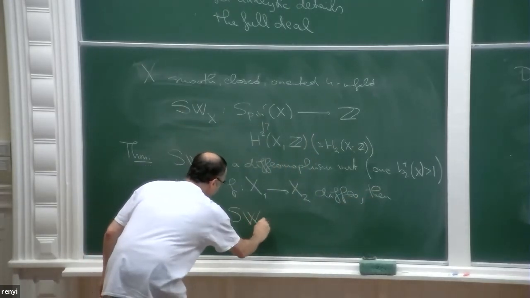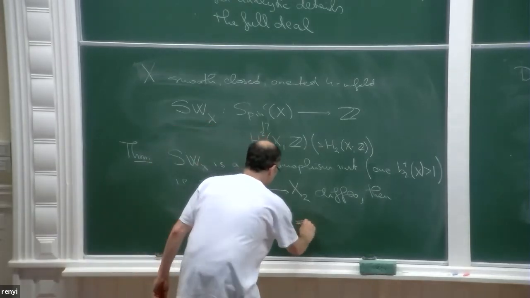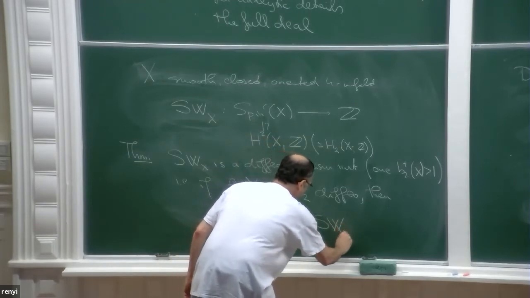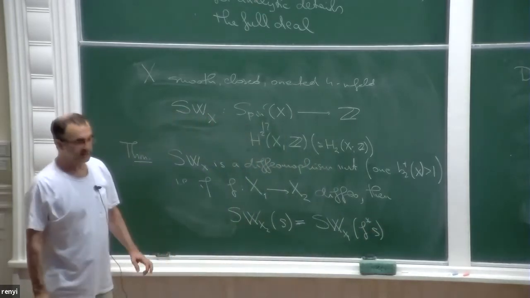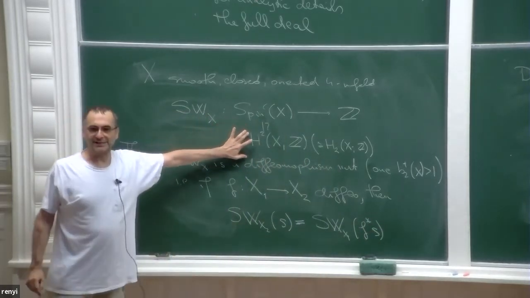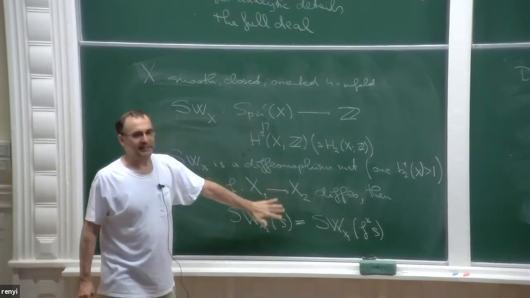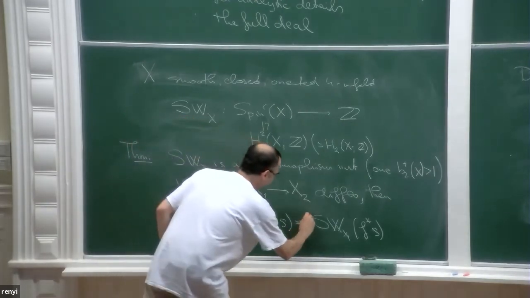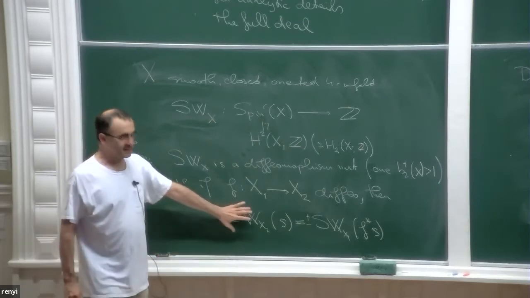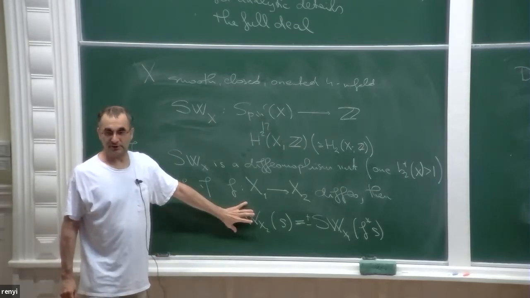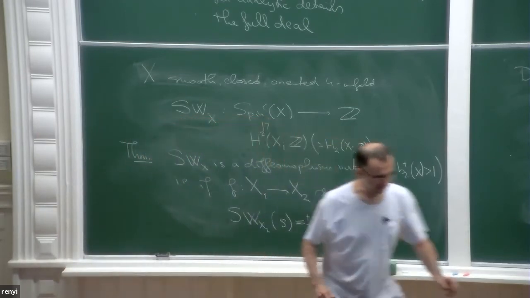Seiberg-Witten of X2 at the spin C structure s is the same as the Seiberg-Witten of X1 on the pulled back spin C structure. Once again, spin C structures are like second cohomologies, so you can pull them back. I write down that equation. It's not completely true because there might be a plus or minus, but what we will be worried about in the future is when these terms are non-zero. So zero or non-zero will be really the deciding issue.